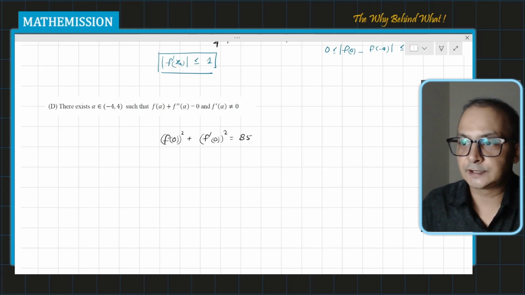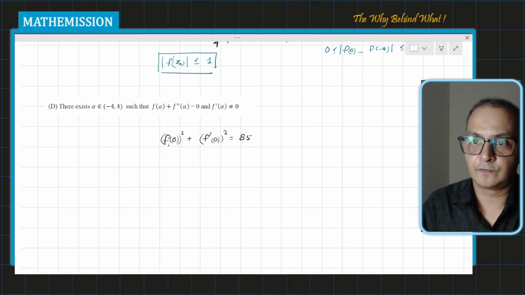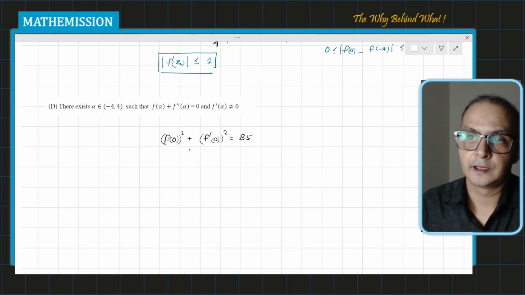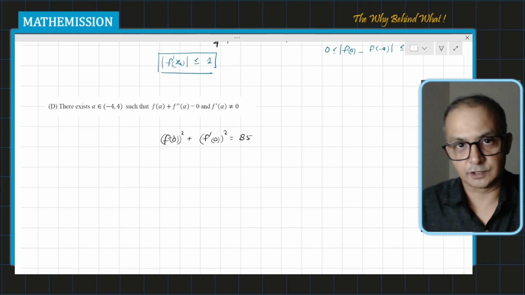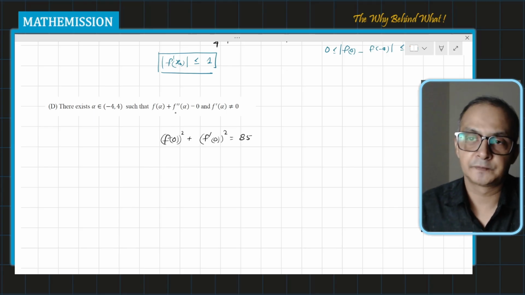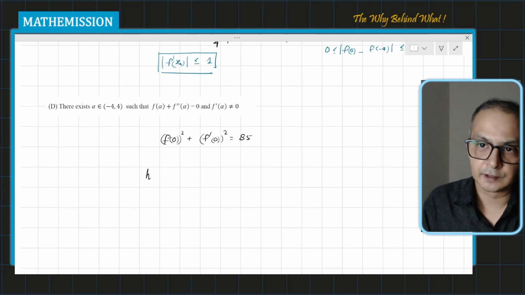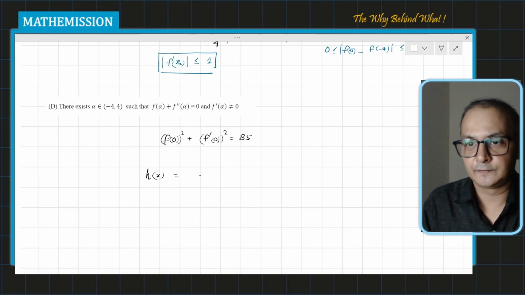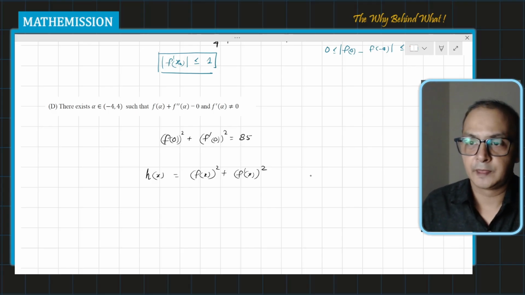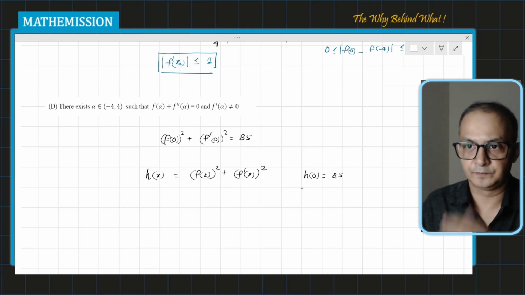Now by just observing this function structure, we can assume a new function in terms of fx and f dash x. How we can assume? Let's say hx I have as fx squared plus f dash x squared, and I'm claiming that h0 is 85. Not claiming, I'm assuming actually.